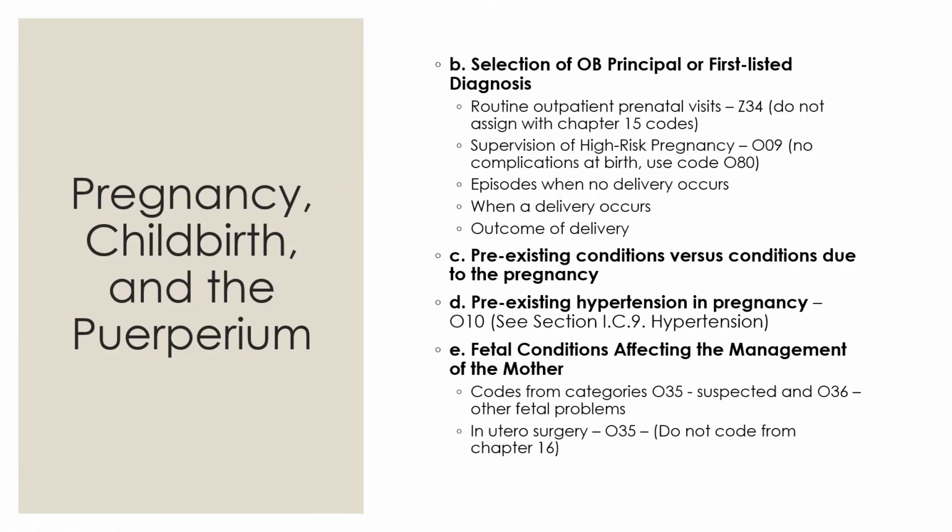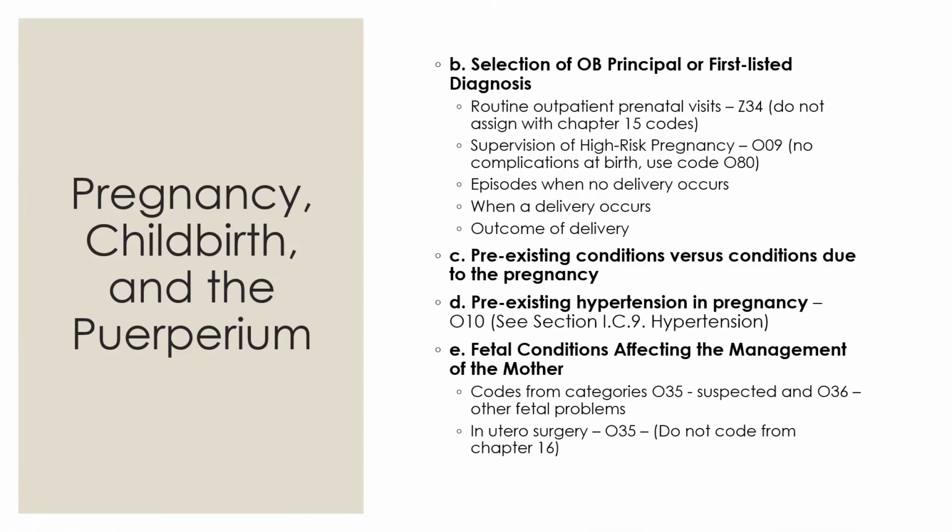Number 2, supervision of high-risk pregnancy. Codes from category O09 for supervision of high-risk pregnancy are intended for use only during the prenatal period. For complications during the labor or delivery episode as a result of a high-risk pregnancy, assign the applicable complication codes from Chapter 15.